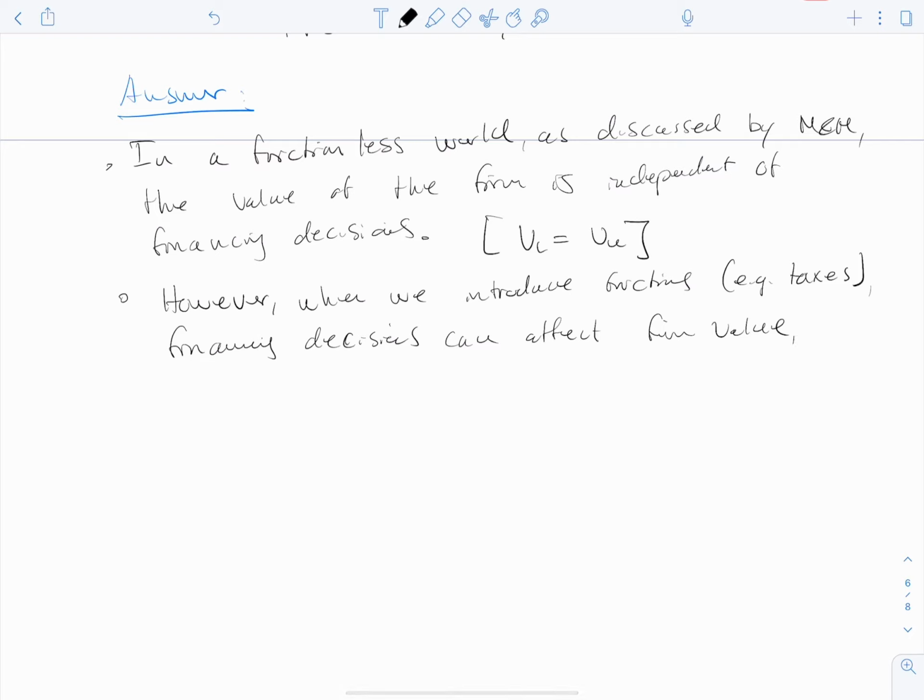For example, you can have that the value of the levered firm is now larger than the value of the unlevered firm.